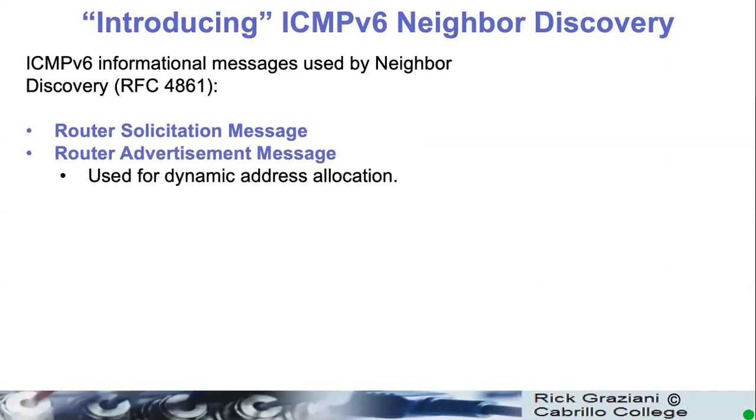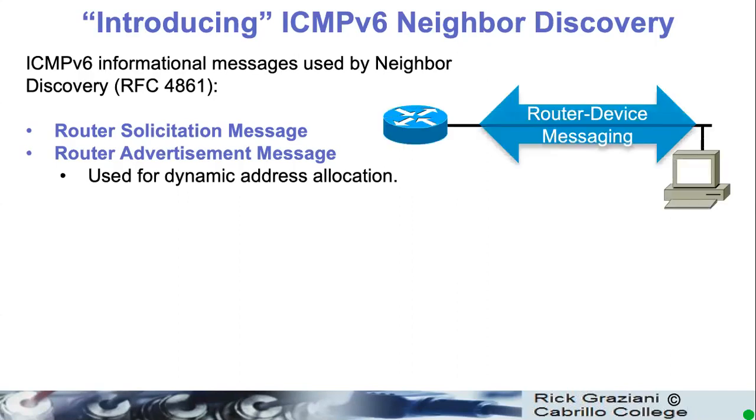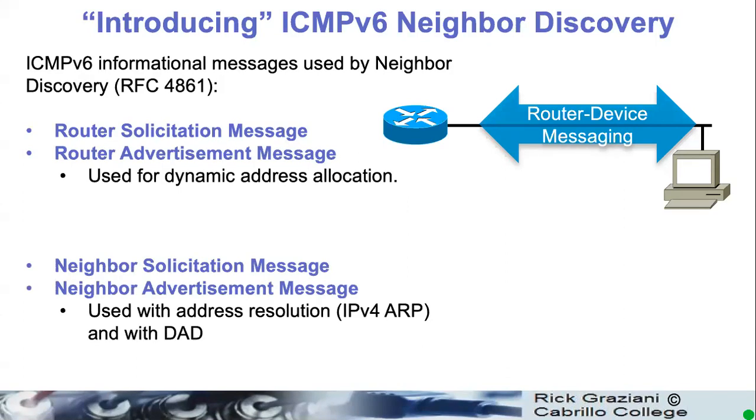ICMPv6 neighbor discovery actually has 5 messages: router solicitation and router advertisement messages, which is for router to device messaging. That has to do with IPv6 addressing information and other information, like what link or what network you belong to, who your default gateway is, and things like that. Also, neighbor solicitation and neighbor advertisement messages.